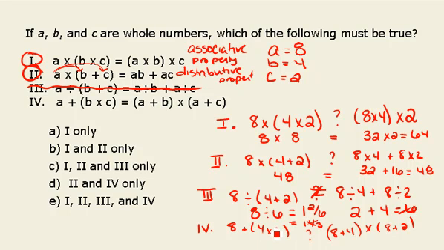On the left-hand side, we have 4 times 2, which is 8, plus 8 more is 16. On the right-hand side, we have 8 plus 4, which is 12, and we want to multiply that by 8 plus 2, which is 10. And we can see that 16 is not equivalent to 120. Therefore, only 1 and 2 are valid.